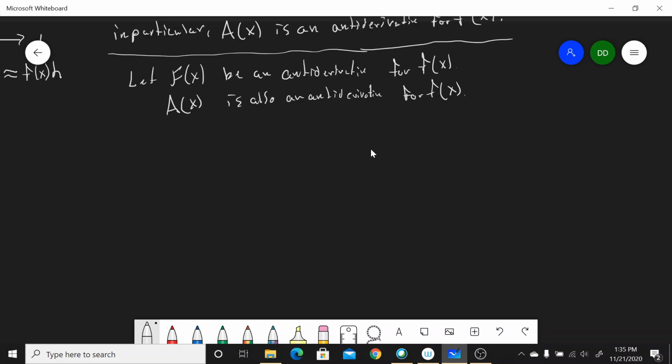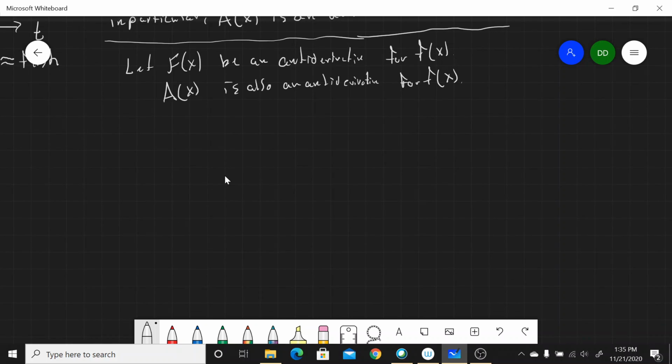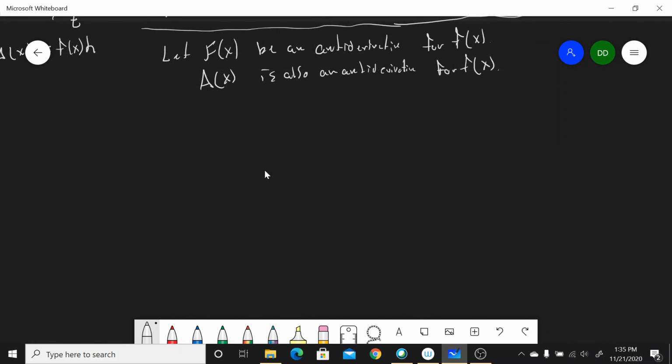And do you remember this result that any two antiderivatives differ by a constant for the same function? So I'll say A of x and F of x differ by a constant. So what this means is that big F of x is equal to A of x plus some constant c.